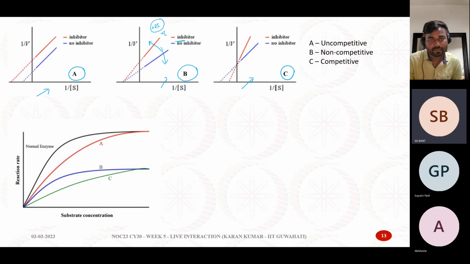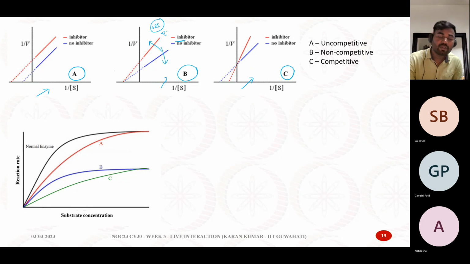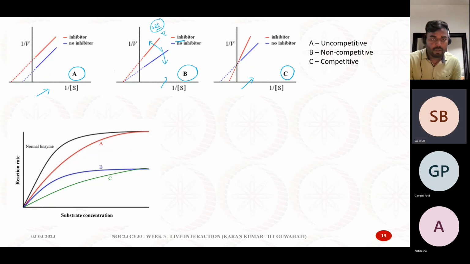So I think in non-competitive, the graph will not change due to increasing the substrate concentration. No, I mean not substrate concentration. I am increasing the inhibitor concentration. Okay, sir. If you are increasing the inhibitor concentration, where will the graph go, anti-clockwise or clockwise? In the anti-clockwise. Very good.